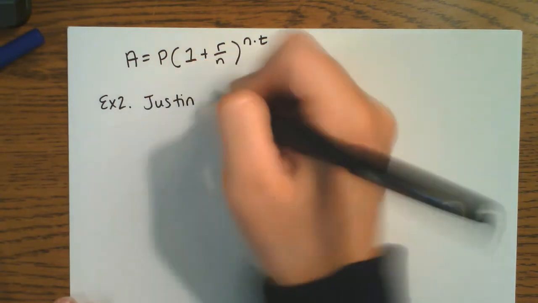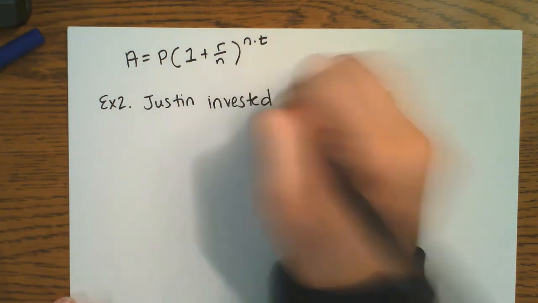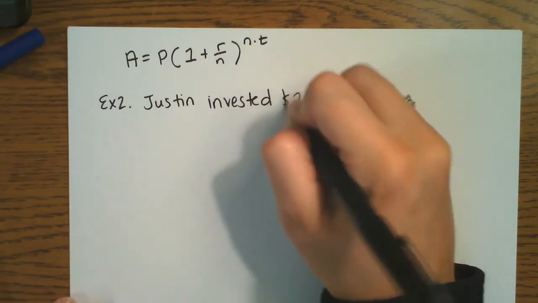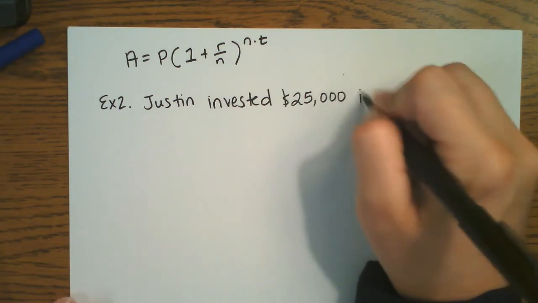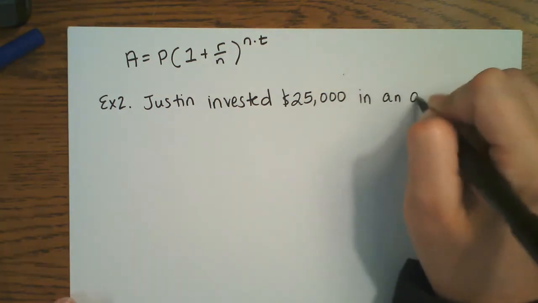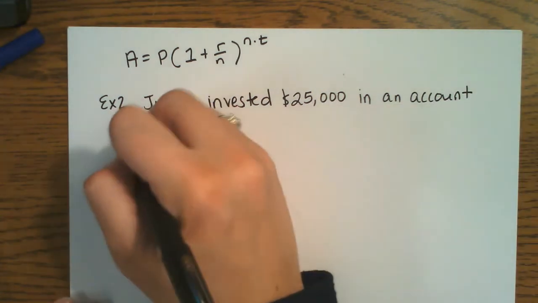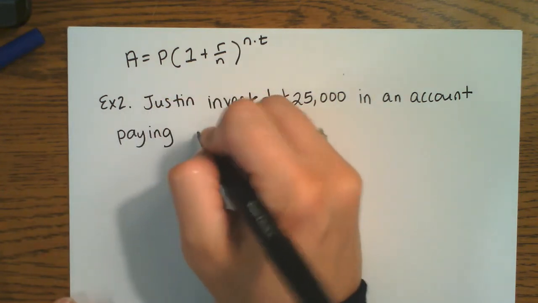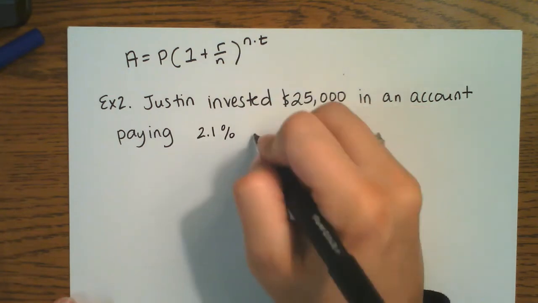Justin invested $25,000 in an account paying 2.1% interest.